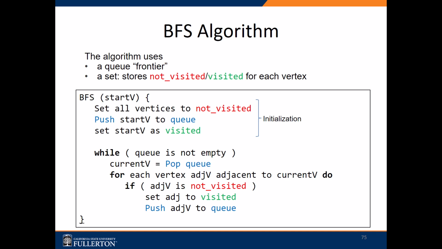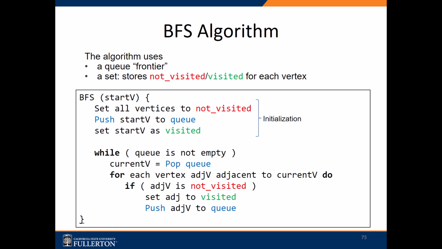You then look at all the neighbors of the current vertex one by one. If a neighbor is marked as not visited, then we mark it as visited and insert it to the back of the queue. This iteration then ends, and then these iterations will continue until the queue becomes empty.